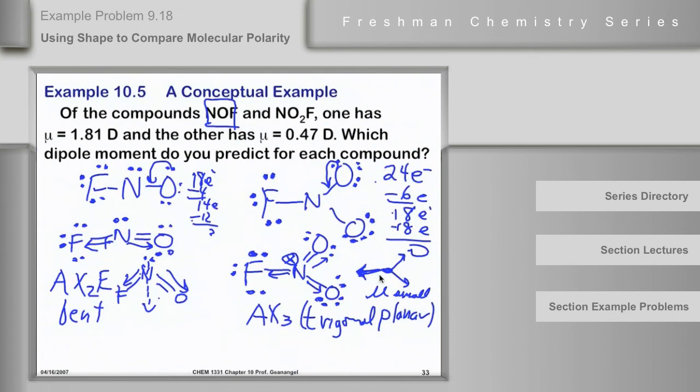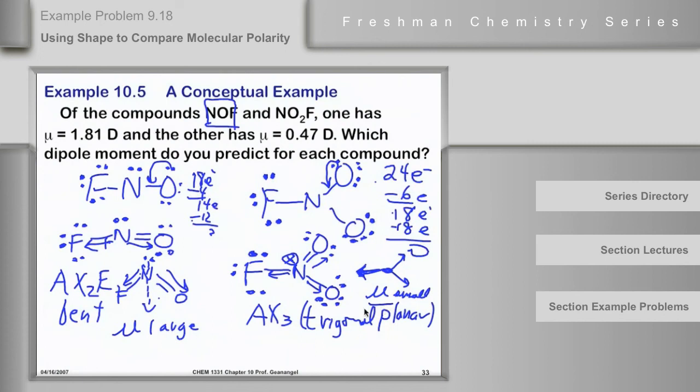They're sort of all pulling away roughly at 120 degrees. So we would figure this mu over here was large because of the bent shape and the polar bonds, but this one should be not 0, but small.